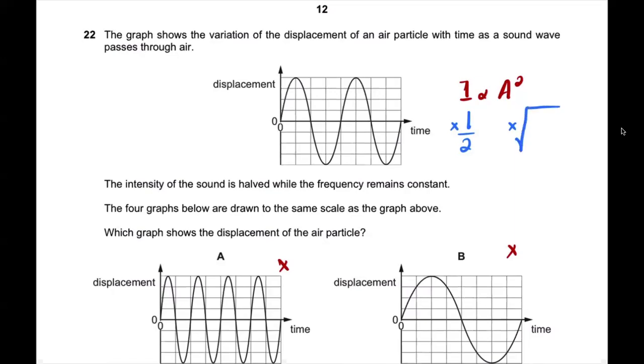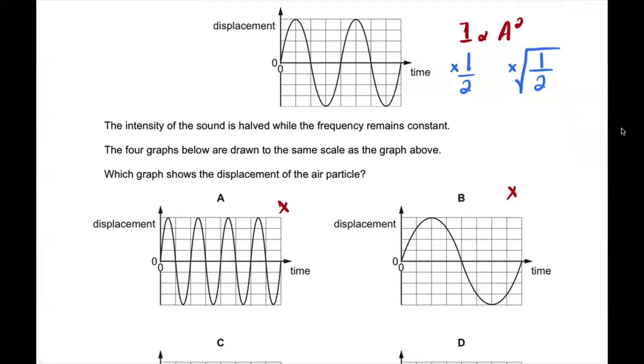So this must then be the root of 1 over 2. All right. So here the amplitude was 1, 2, 3, 4 boxes. So it must have changed by this factor. So root half times 4. That's going to give you this new amplitude, right?